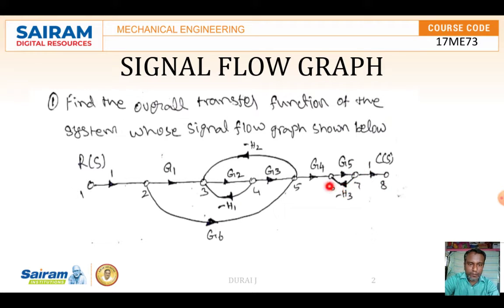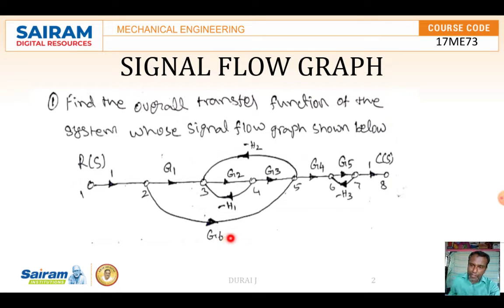Also see over here some individual loops, that is 6 7 6. Here 7 to 6 gain is minus H3, 5 to 3 the gain is minus H2, and 4 to 3 gain is minus H1.